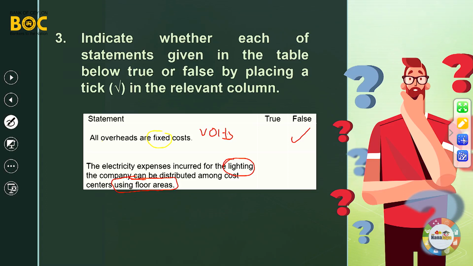You have to put lights based on the area. So the statement that electricity expense incurred for the lighting of the company can be allocated using floor area is correct. The first statement is false, the second statement is correct.